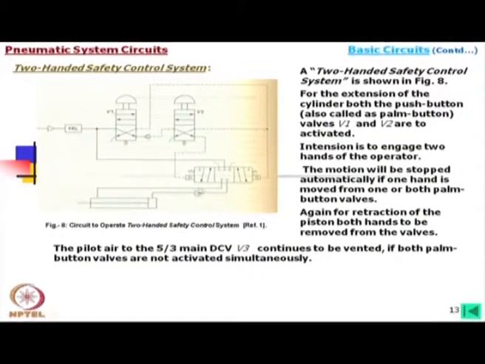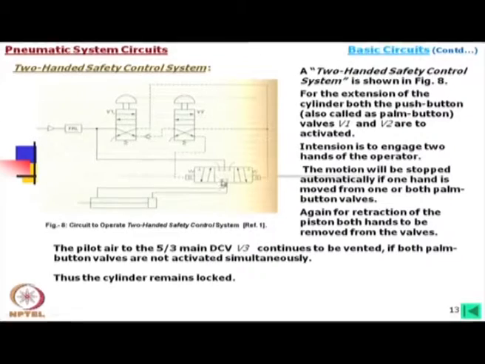Now, a good example. Before that I would like to say this is a 5/3 main DCV. V3 continues to be vented if both pump bottom valves are not activated simultaneously. That means, in neutral position the air is being vented. Thus the cylinder remains locked.